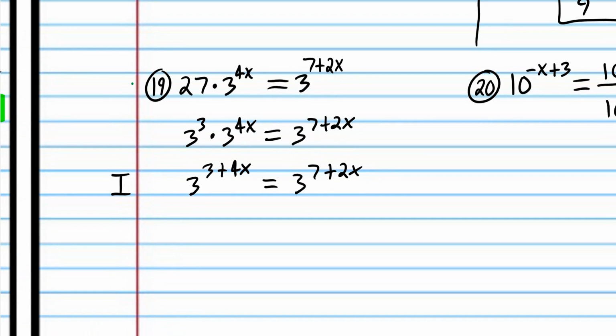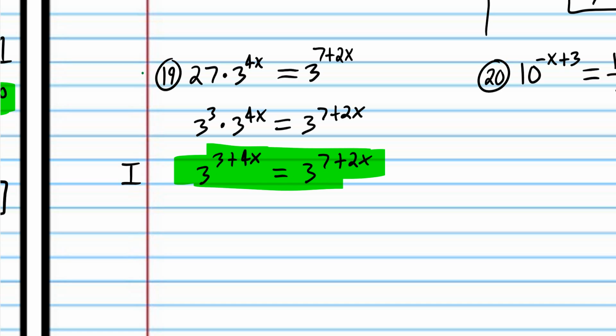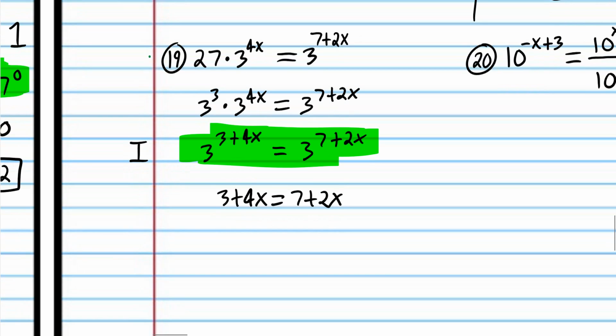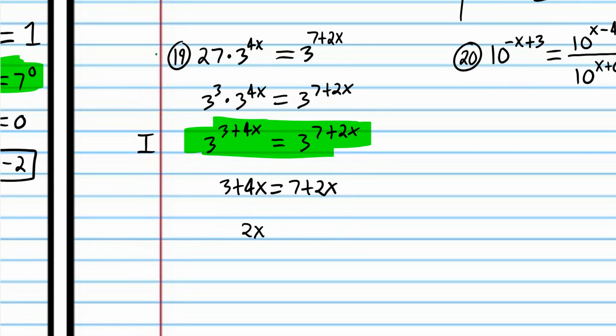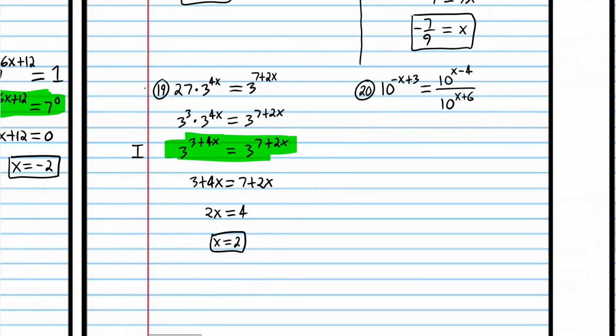So now we're at that critical point where we can just get rid of the bases, and we have 3 plus 4x is equal to 7 plus 2x. And get all the variables on one side, so on and so forth. We've done this 1,000 times in previous classes. And there you go, so x equals 2.